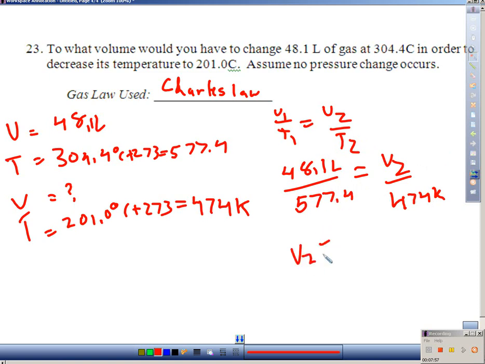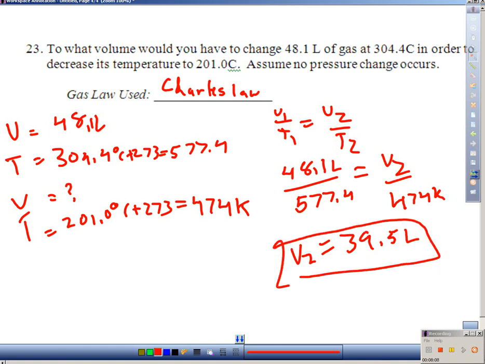What I end up getting is my V2 equals 39.5 L. So again, 2 points for the data, 2 points for the formula, 2 points for the work, 2 points for the right answer, 1 point for the sig figs, 1 point for the unit.